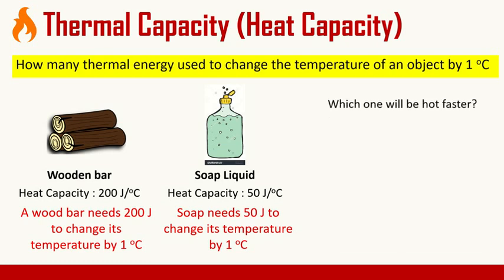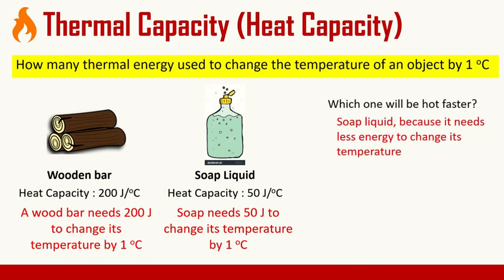Now, which one will get hot fastest? Soap liquid. Because what happened? It needs less energy. Only 50 joule to change its temperature compared to the wooden bar, 200 joule. Next question, which one will get cold faster then? Okay, remember if it is heating, it receives the heat, right?